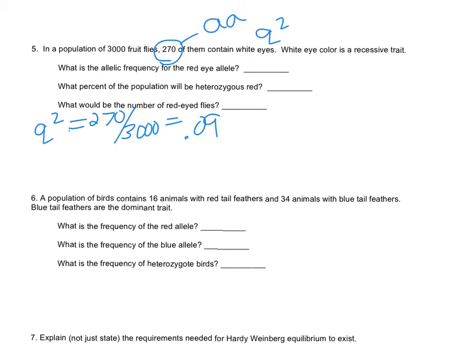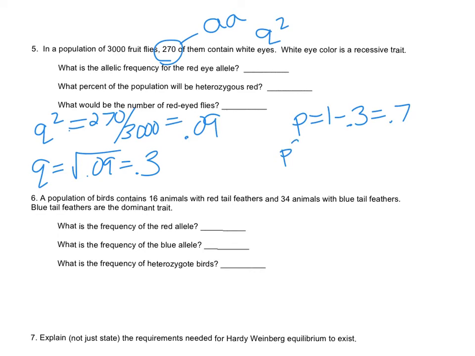I then can find the square root of that to find Q. So Q would be the square root of 0.09, which is 0.3. From there, I know that P plus Q must add to 1, so P must be 0.7.